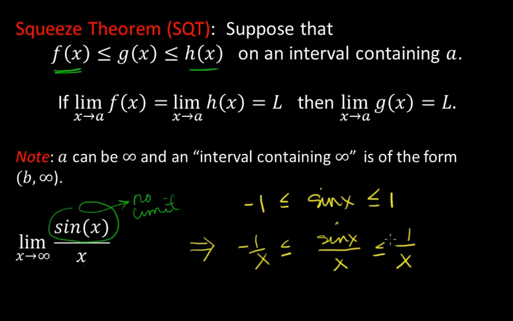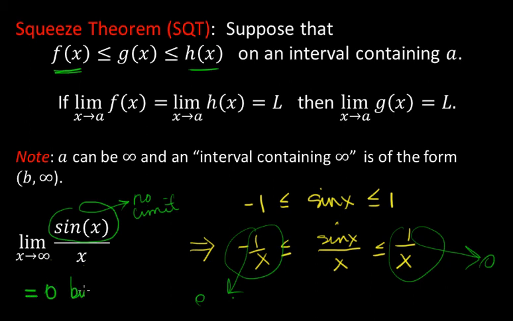Okay, well, this does it because we know that 1 over x approaches 0 as x approaches infinity. Minus 1 over x approaches 0 as x approaches infinity, and so by the Squeeze theorem we have found the limit, that this limit here is equal to 0 by the Squeeze theorem.